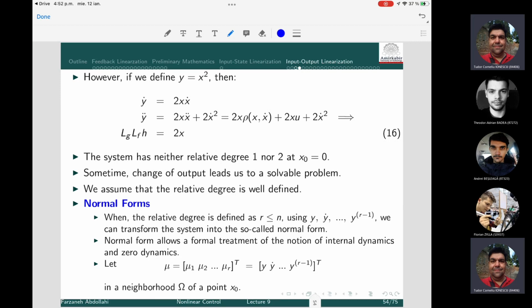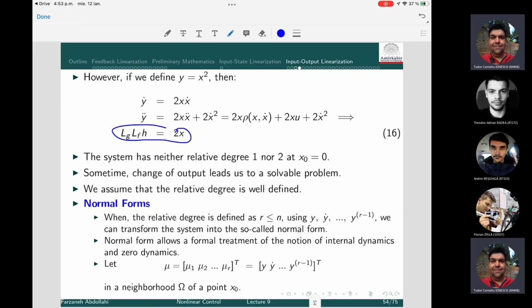Then y dot is 2x dot, y double dot is this, and then LGLFh is 2x. The system has neither relative degree 1 nor 2 at x0 equal to 0.